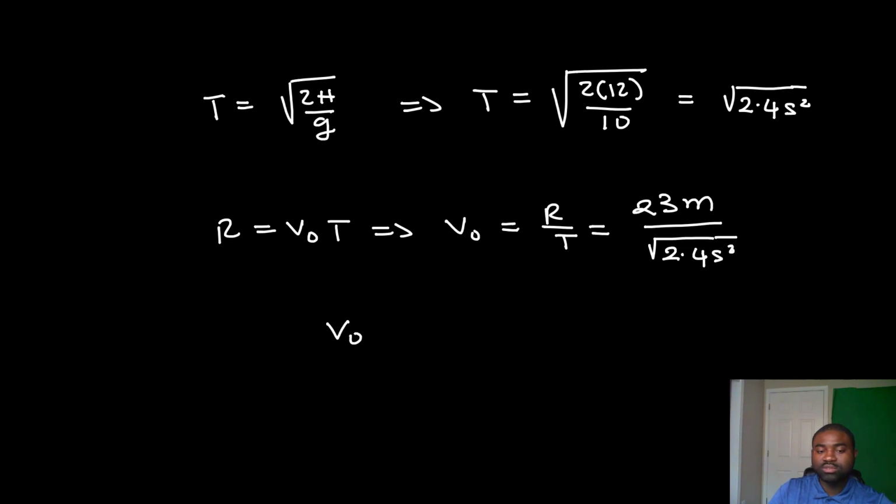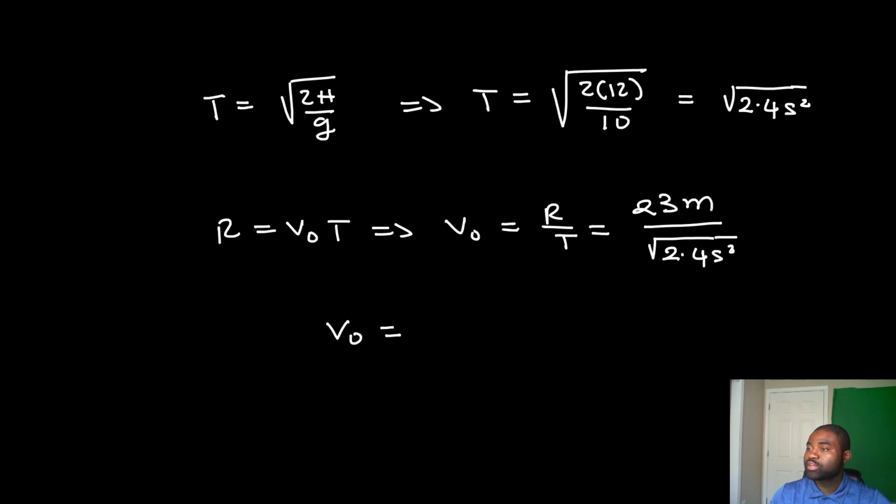So V naught will be equal to 23 divided by the square root of 2.4.